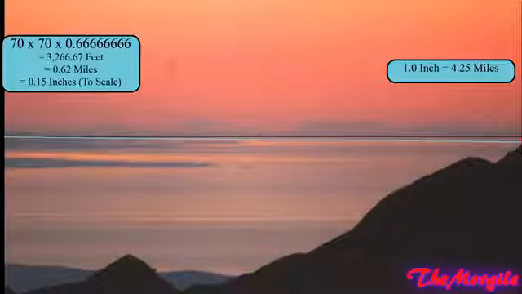Then, comparing the far right to the far left, the far right should be about 3,267 feet lower than the left side. Or you could do this vice versa from the right side to the left. And that would equate to about 0.62 miles. And that boils down to 0.15 inches to scale in this diagram.